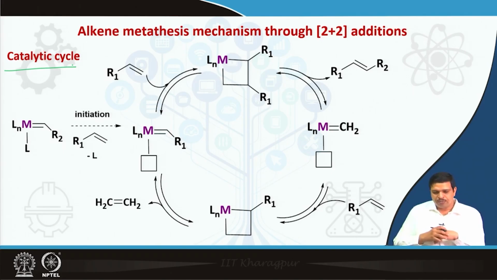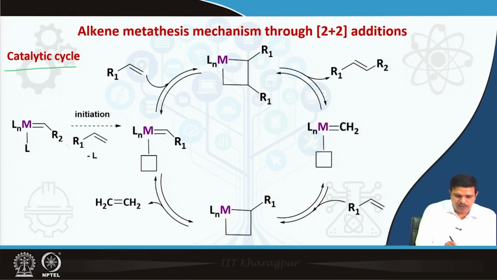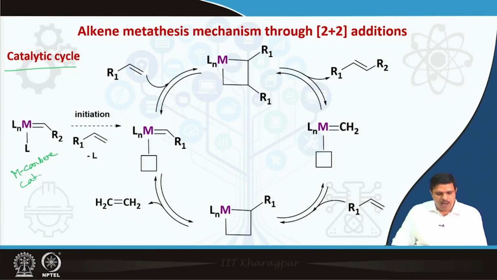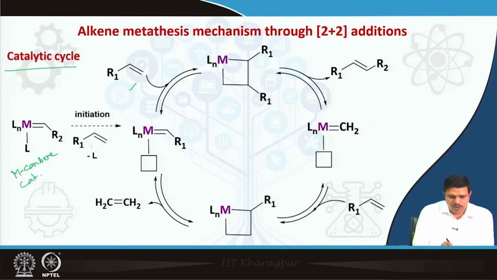So if we start with, let's say, the pre-catalyst or the metal-carbene catalyst, you have to make it coordinatively unsaturated so that the new alkene coordinates. This is called the initiation step, so that one L comes out.